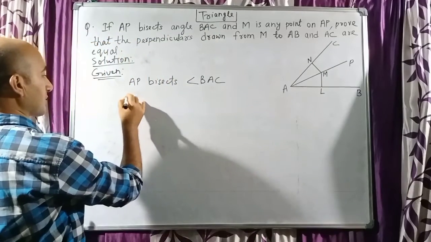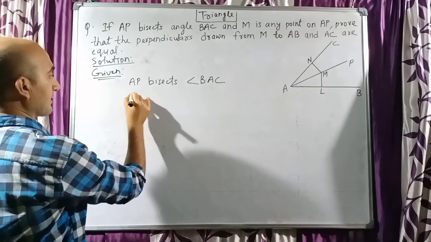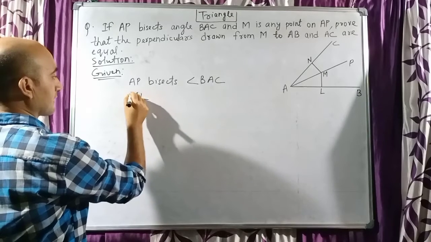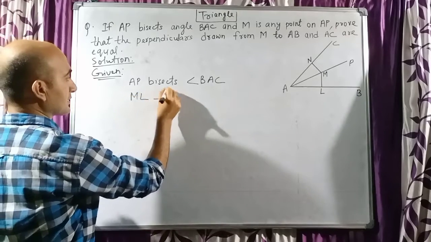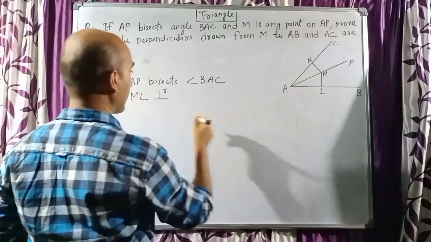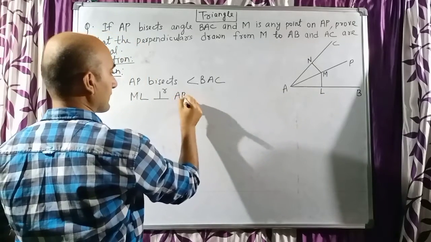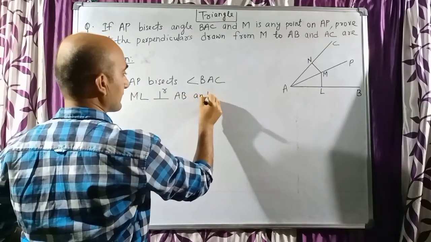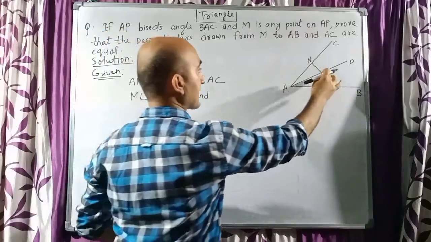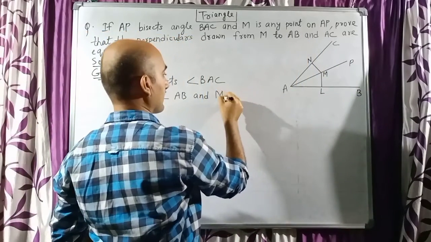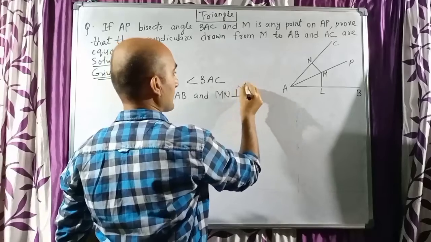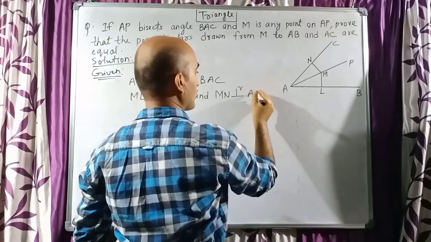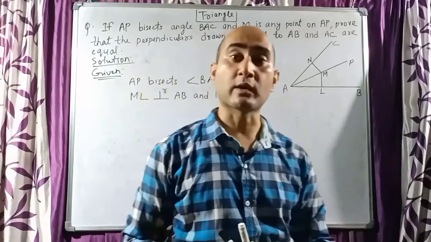So you can write that ML is perpendicular to AB, and the other perpendicular MN is perpendicular to AC. Now you might be asking, what is the meaning of perpendicular?